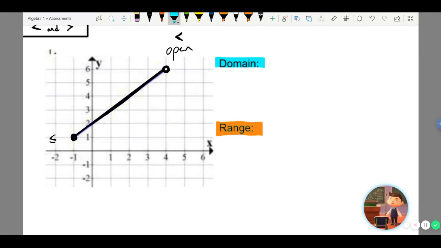Okay, I'm going to use the x-axis as a ruler to find my domain, because I want to know where these x values live. Looking at the x-axis, the lowest number that I can see on this graph will be -1. I'll mark it there. The highest number is all the way over here at 4.